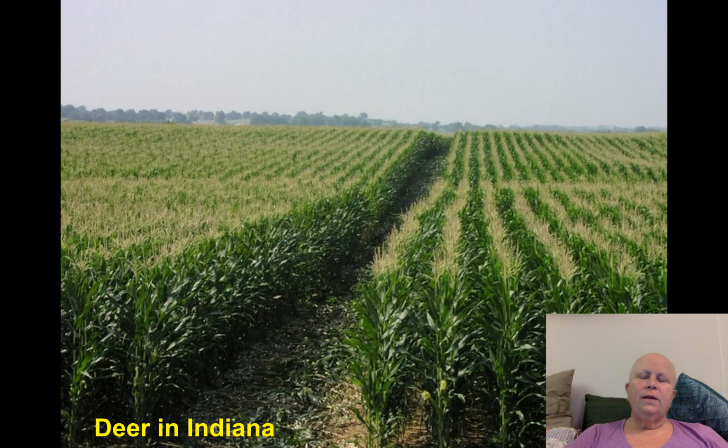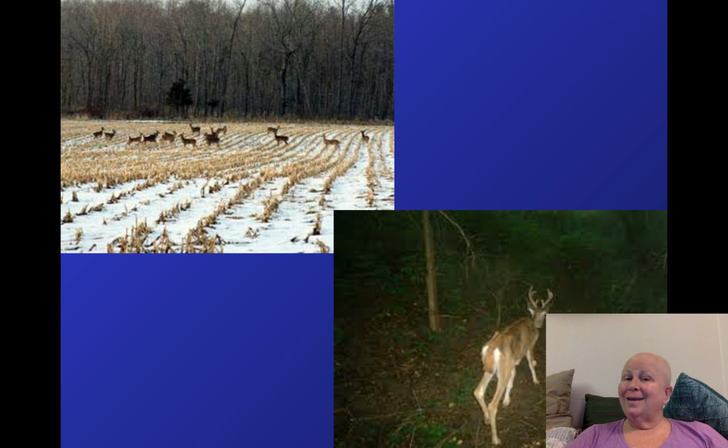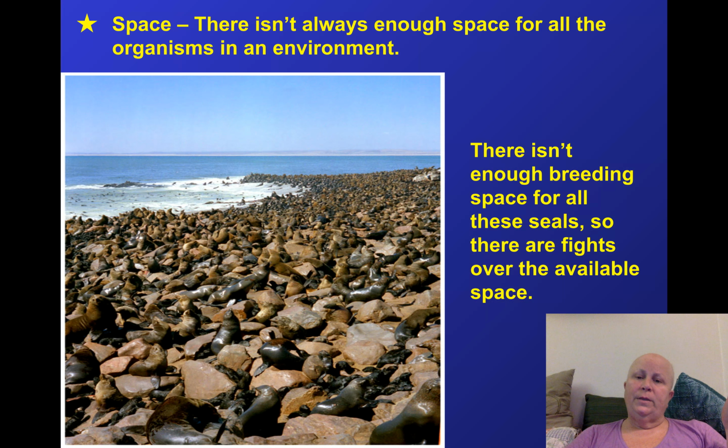They've got plenty of food to eat themselves, right? But in the winter, after the corn has been harvested and there's nothing for them to eat, then they might start to get sick and a lot of them might start to die. So the population would decrease. And when that population decreases, then the deer as a limiting factor of food for the wolves becomes an issue, right? So the wolf population might be affected.